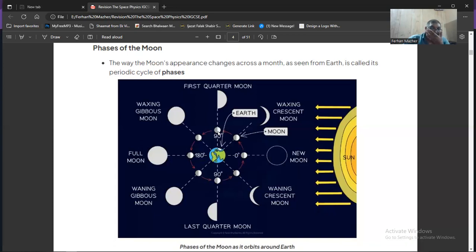When the moon is here, you will see half, the first quarter moon. When the moon is here, you are seeing the waxing gibbous moon. Here you will see the full moon, waning gibbous moon, last quarter moon, waning crescent moon, and then again, you will get the new moon.